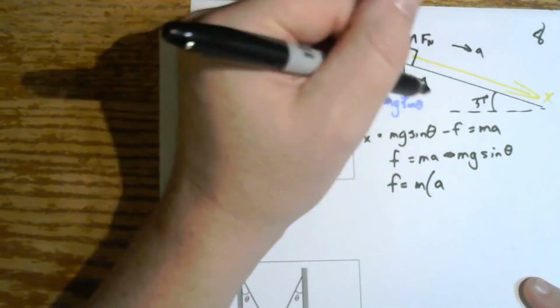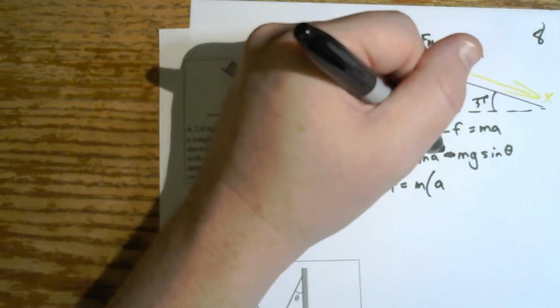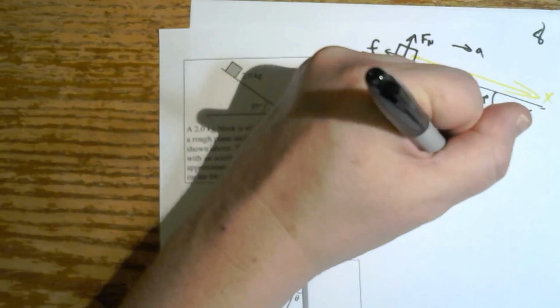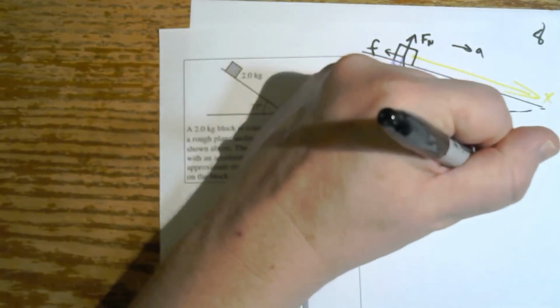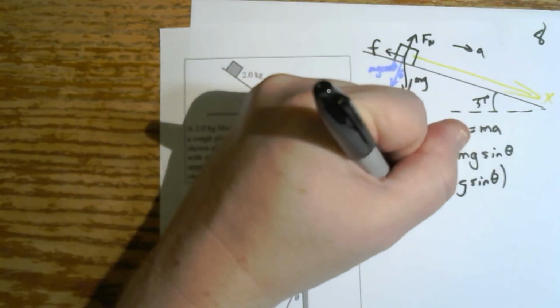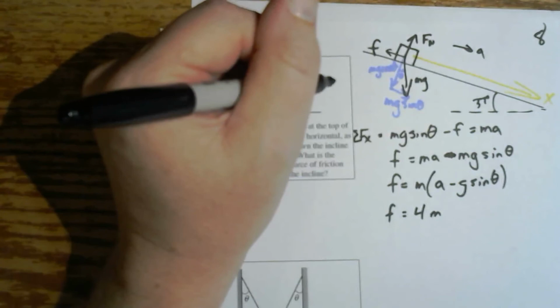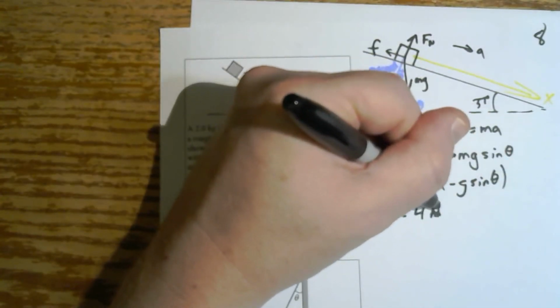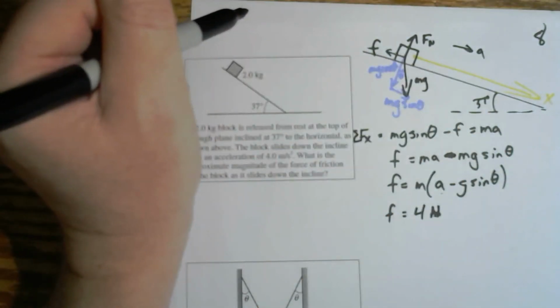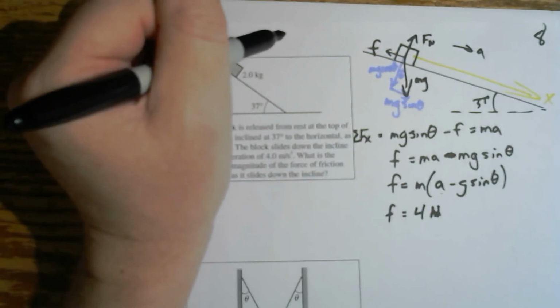I'm sorry, they are subtracted from one another. I can factor out the m, so it's m times a minus g sine theta. And so the frictional force has to be 4 newtons, once I substitute that acceleration in there.